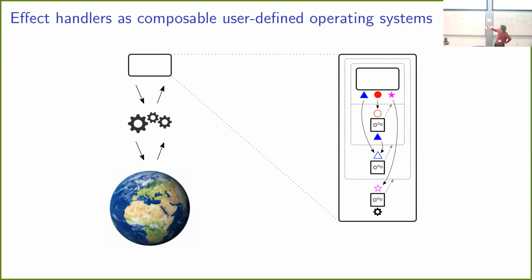And we write that program and it has various effects, which I'm denoting with these different shapes, the interfaces to our effects. And then what a handler does is it handles some particular effect or some collection of effects. And it can handle one effect in terms of another one.